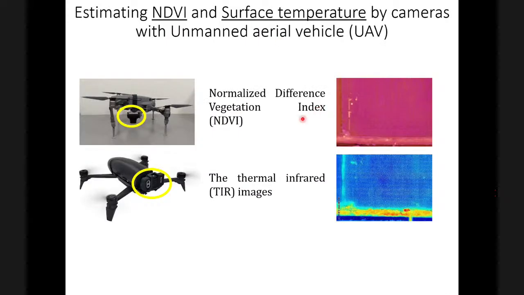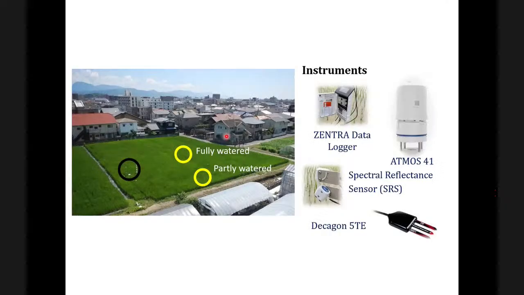Meanwhile, NDVI can be predicted by a camera mounted on such a UAV. I will show a sample of the measured and predicted NDVI. This is one of my fields.